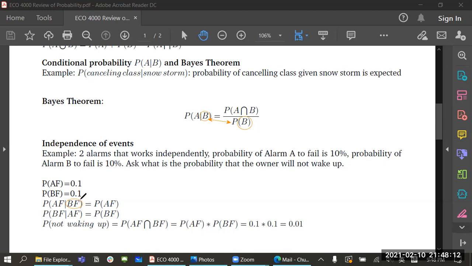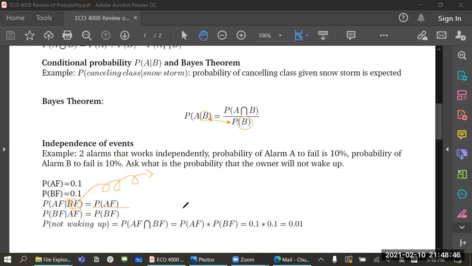If this doesn't change the probability of A failing, we can just remove it, and it equals the probability of A failing. And in reverse, it's the same. In an independent event, we have this formula because the event that we say is given is not going to change the probability of A failing itself.